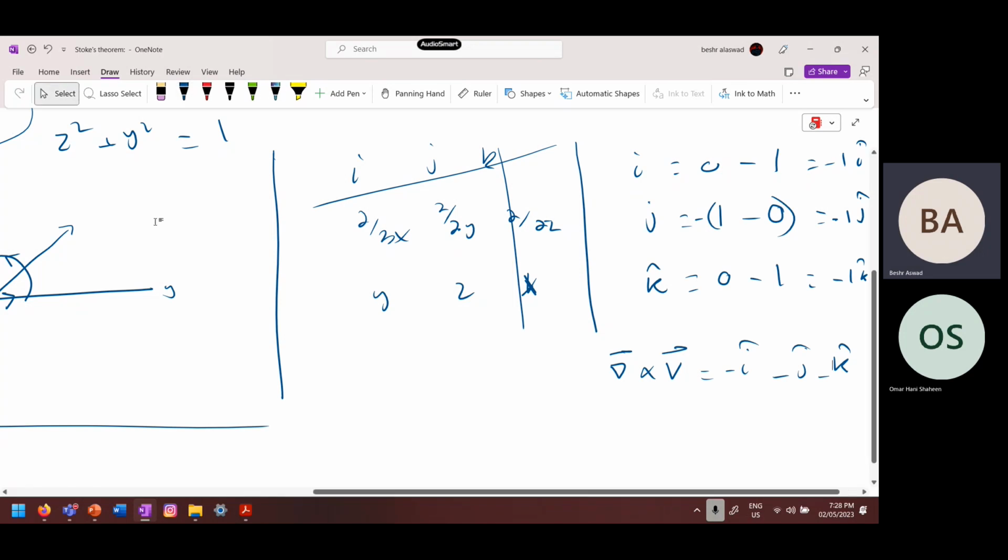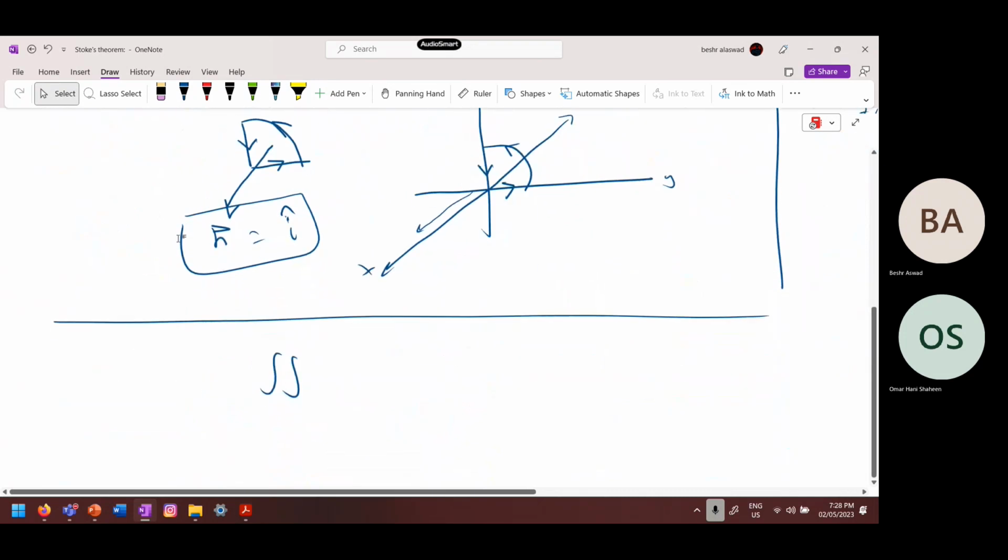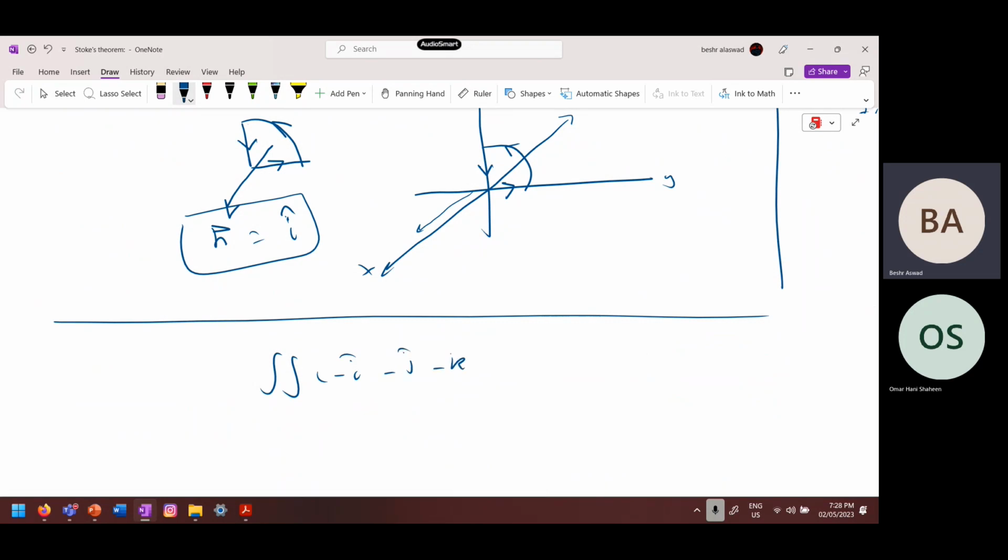Okay, now I want you to get this here. Negative i hat, negative j hat, negative k hat, dot product with the normal vector i hat dA. Now simplify this.